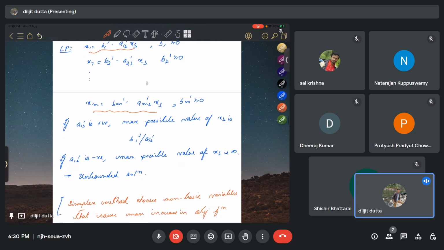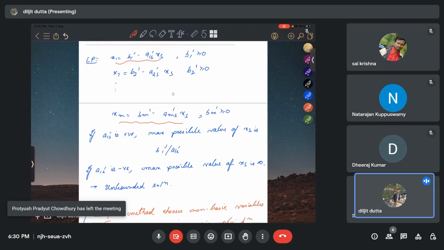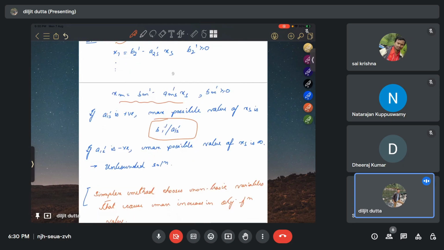Now if one of the coefficients, that is ais dash, is positive, the maximum possible value of xs is bi dash by ais dash, and if ais dash is negative, in that case the maximum possible value of xs is infinity, and we will have an unbounded solution.